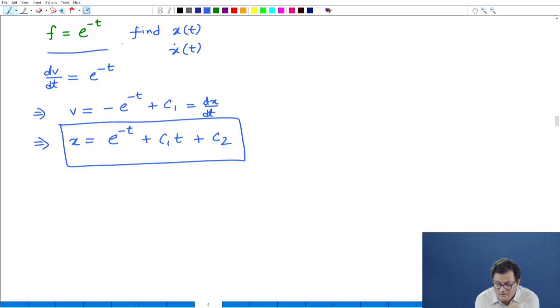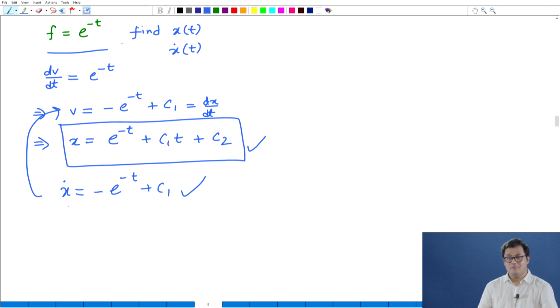Now, there is a very interesting point. If I say that I give you the value of x, then what will be x dot? You can say x dot is minus e to the minus t plus c 1, which is exactly what I got here. But given only this, may I say something about x dot at that point?